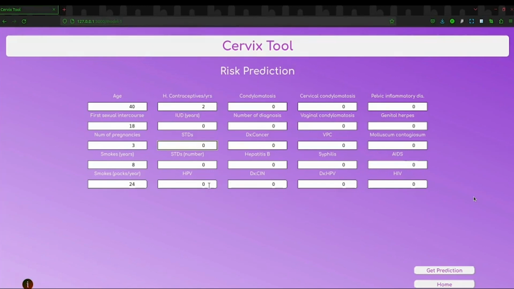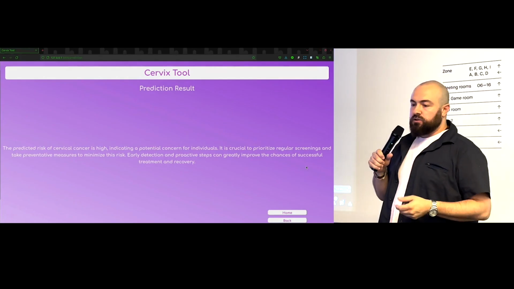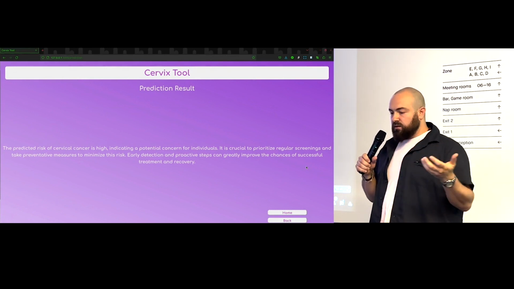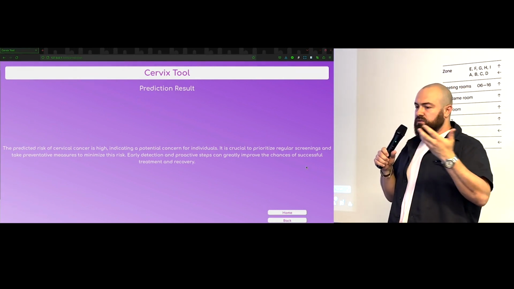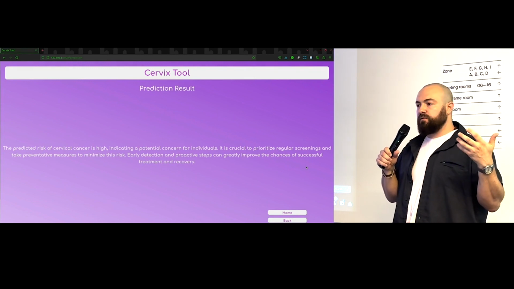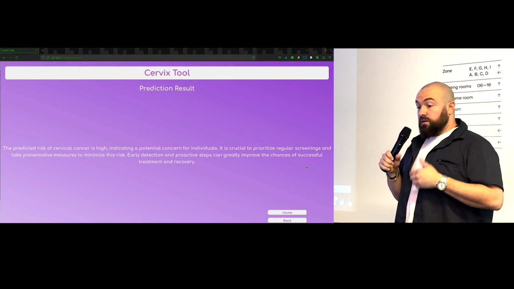She has no sexually transmitted disease, and we see, theoretically, that in this case the risk is high. So maybe the combination of cigarette smoking and hormonal contraceptive has a higher impact on the prediction, on the risk.